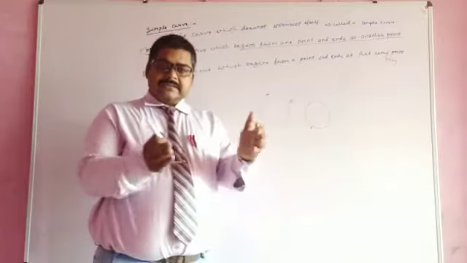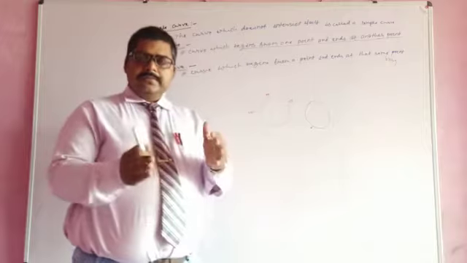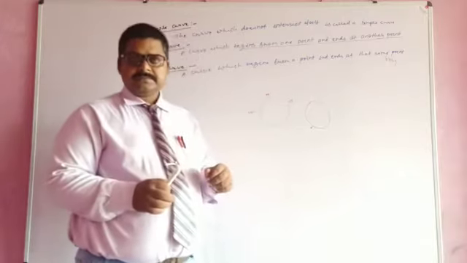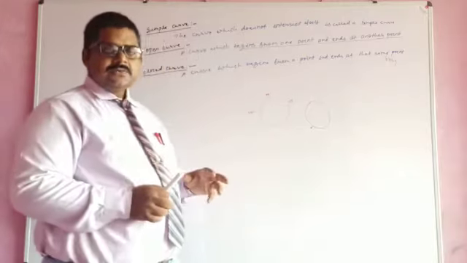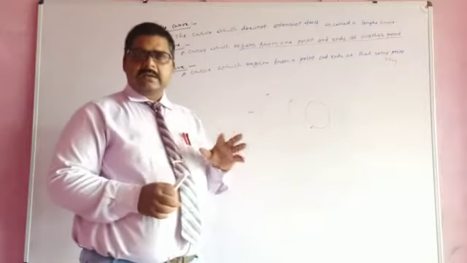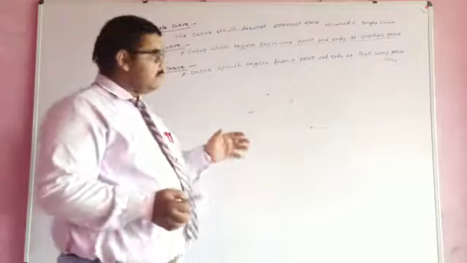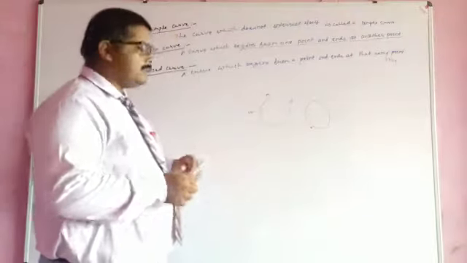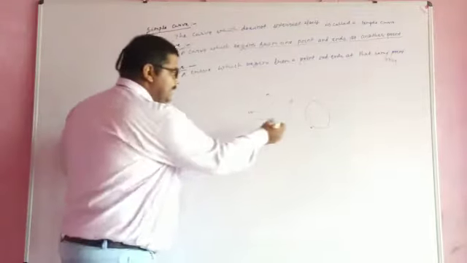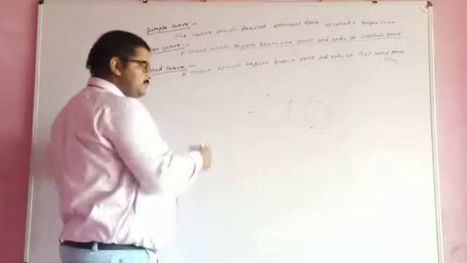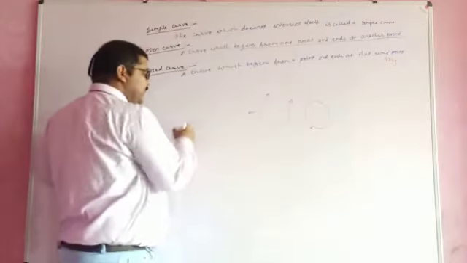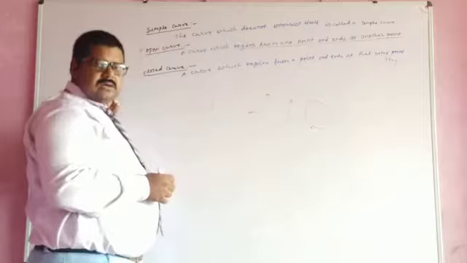Now you can classify curves into two types. First one is simple curve, and second one is complex curve. Regarding simple curve, you know that this is also a curve. If you write this figure, this is also a curve.